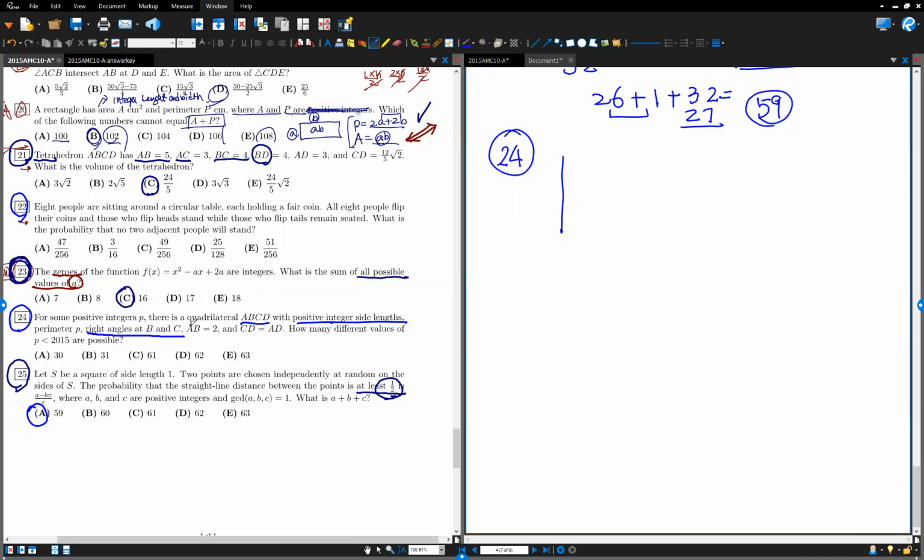Right angles at B and C. All right, AB is 2. That's fine. And CD equals AD.